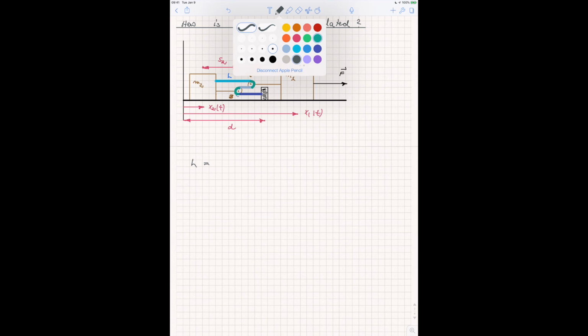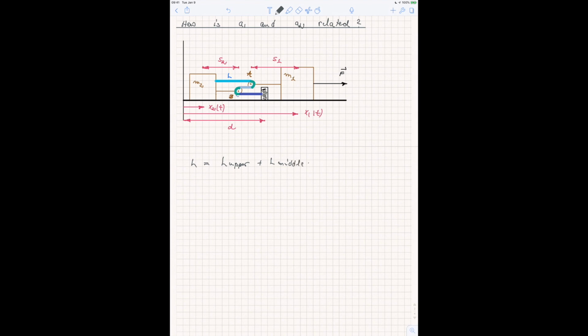So let me just write this down. So we have therefore L upper plus L middle plus L lower plus, let me call this L wrapped around the pulley, so the green sections here. So let me be very clear about this.